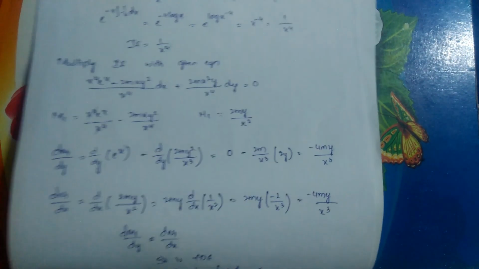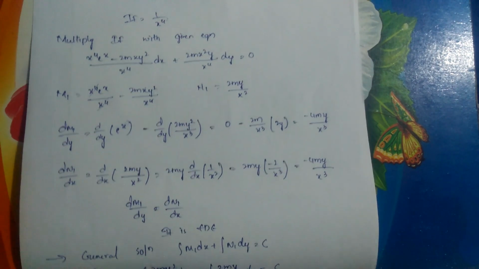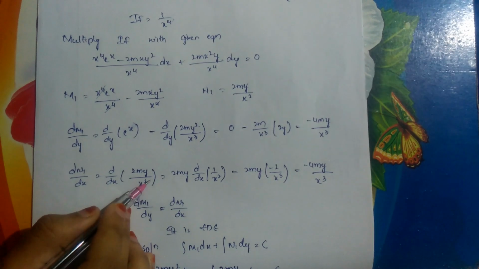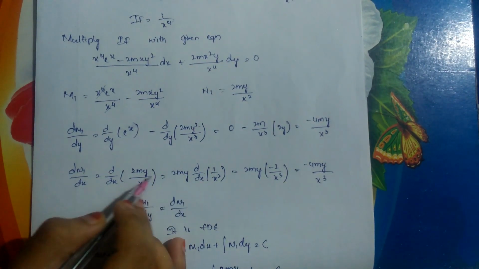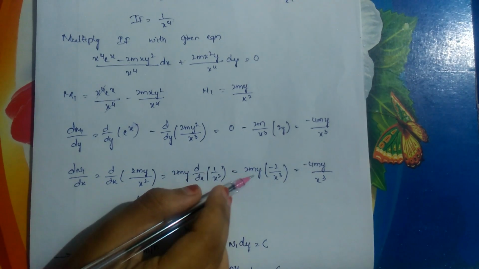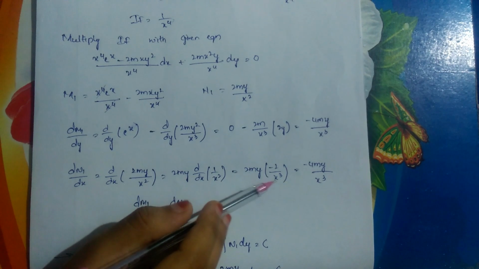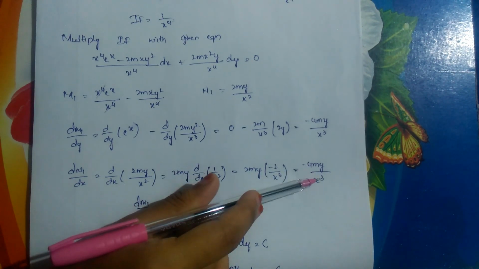Now we have to find ∂N1/∂x, that is ∂/∂x of 2my by x square. Here 2my is constant and differentiation of 1 by x square gives 2my into minus 2 by x cube, that equals minus 4my by x cube.